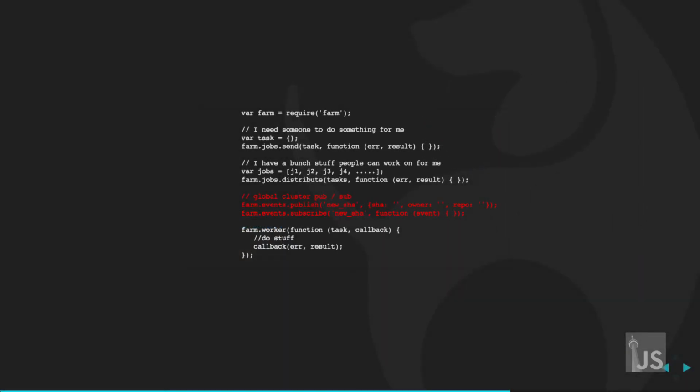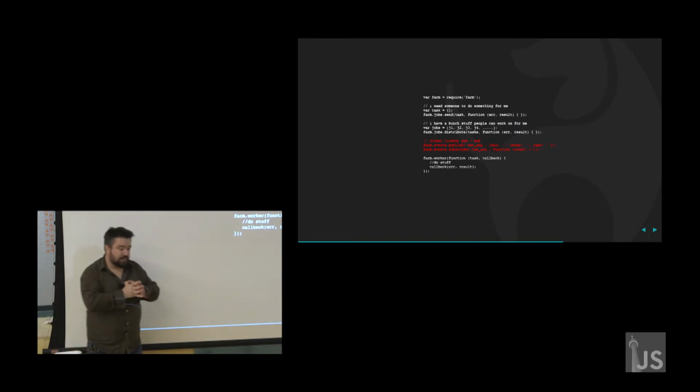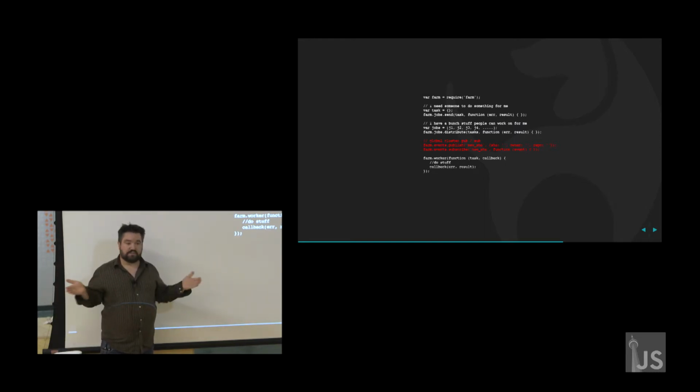Something that actually came into fruition while we were working on this was farm.events.publish and subscribe. We really added it in because we had this pub/sub type in ZeroMQ, but once we added this in, the ability to have hundreds of processes out there with a single event emitter that you can publish and subscribe to became a really powerful tool that we started using for statistics monitoring, for logging, for global cleanup jobs.